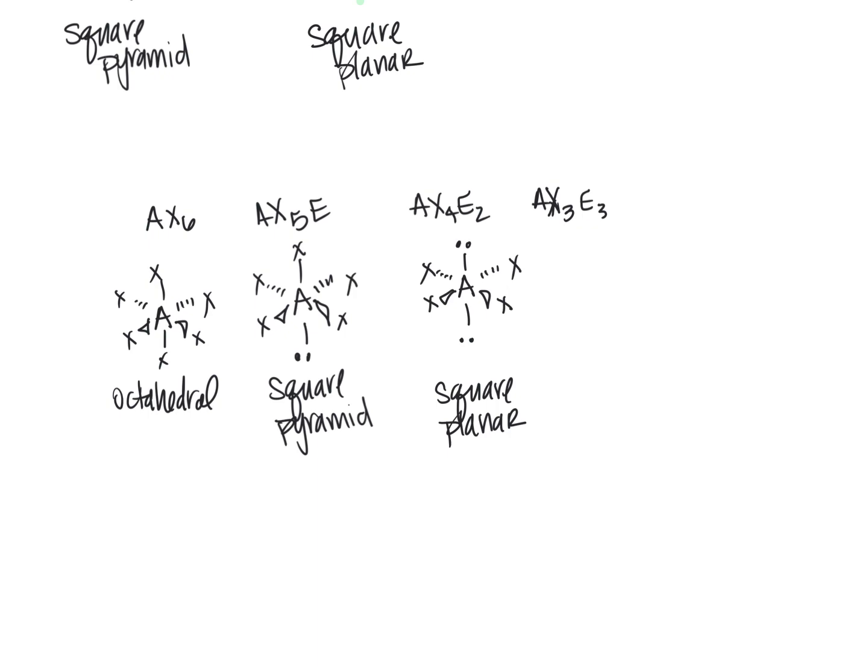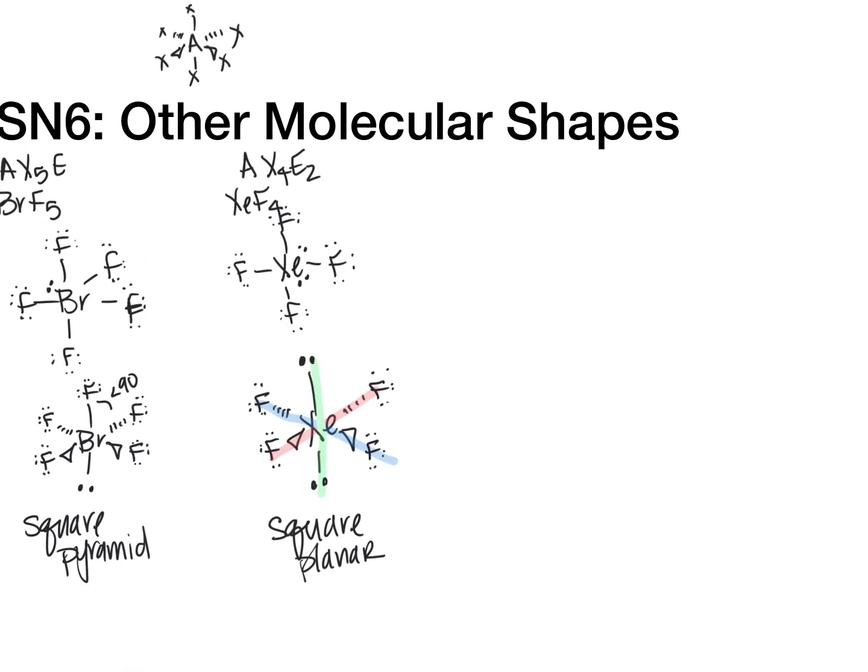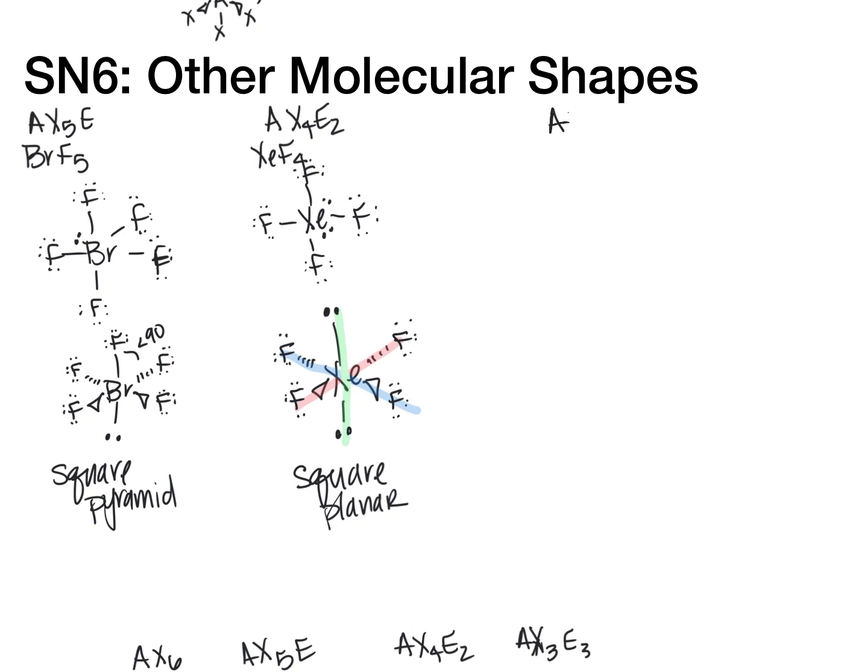So then we can look at AX3E3. And so when we draw this structure, we're going to put our A in the center. And now we need to figure out where the lone pairs go. We want them to be furthest apart. And so that would be to put them along 3 of the 4 in a single plane.